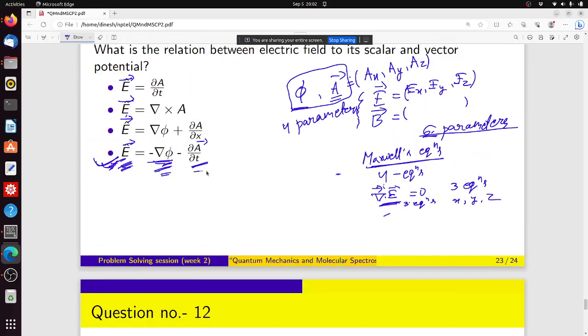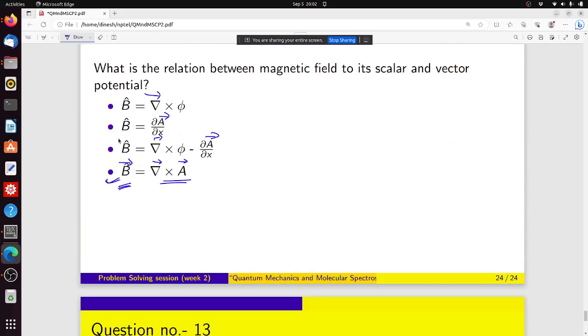Both scalar and vector potential contribute to the electric field, and only the vector potential contributes to the magnetic field. This cross product, what do we call this quantity? Curl, yeah, right. The curl of the vector potential will give you the magnetic field.